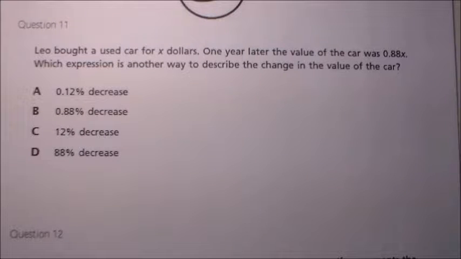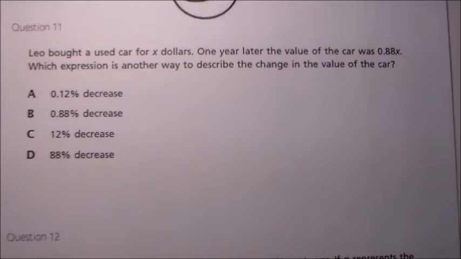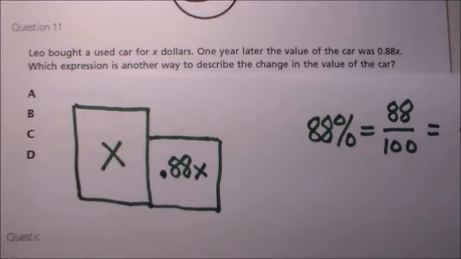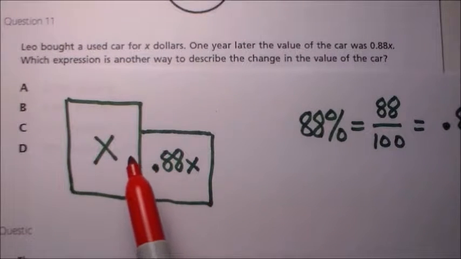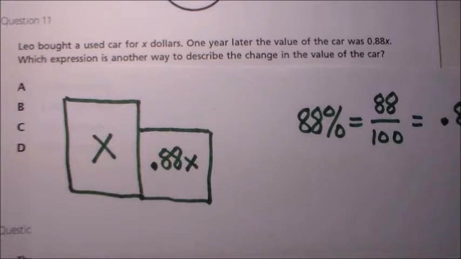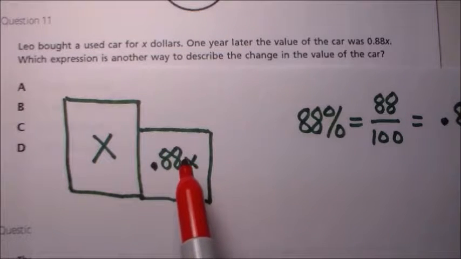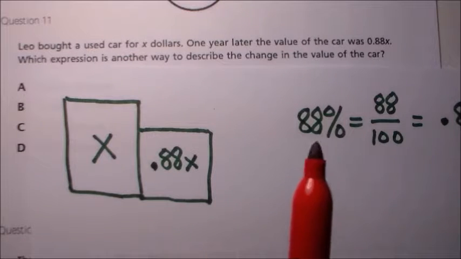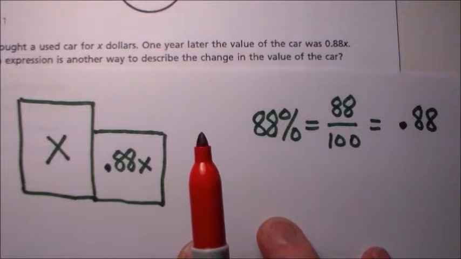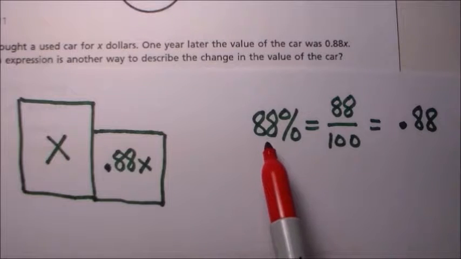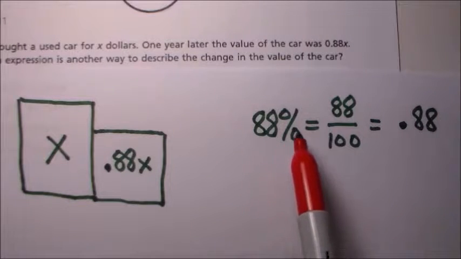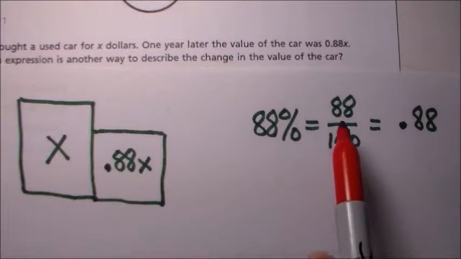Well, let's do what we did last time. Let's draw a rectangle. That'll help. So you have X. That's the price of the car. And a year later, it's 0.88x, right? So what happened? Well, let's remember from 6th grade that 88% is another way of saying 88 per 100, right?